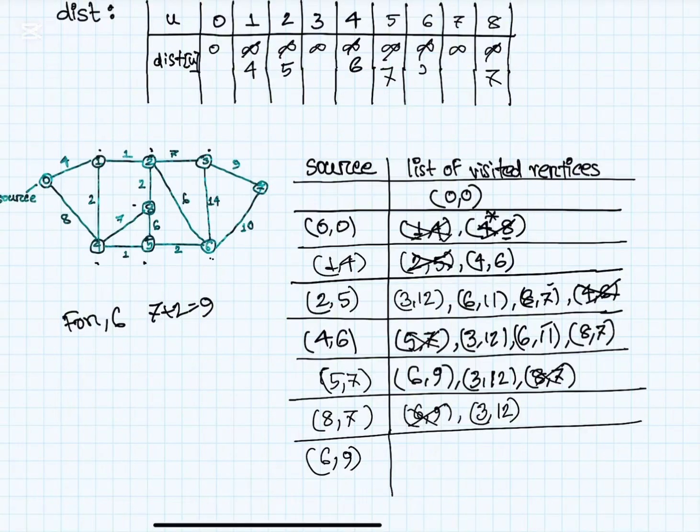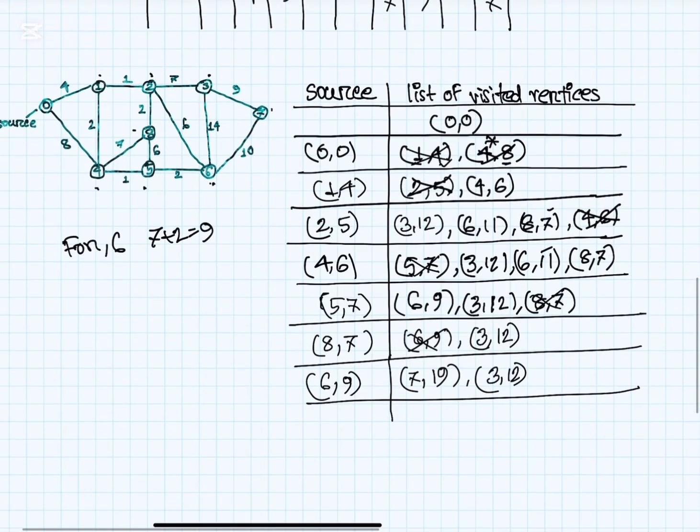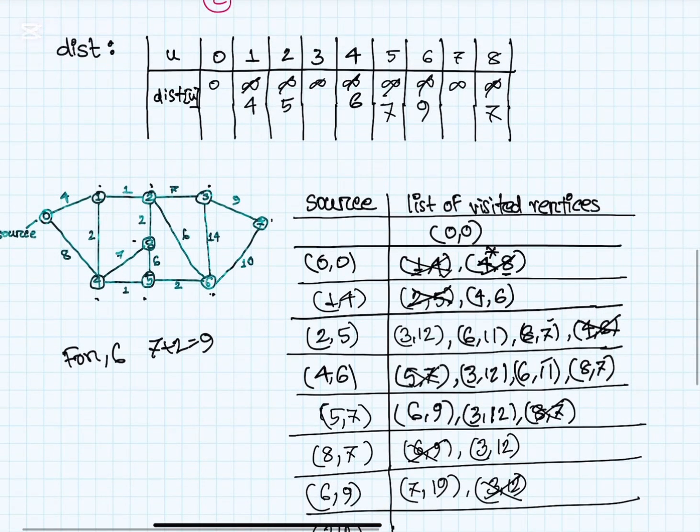Let's update the distance. And from 6 vertex, we can go to the 7 vertex. So the distance of 7 is going to be 19 and 3, 12. 3, 12 is smaller, so our new source will be 3, 12. Let's update the distance. 12.